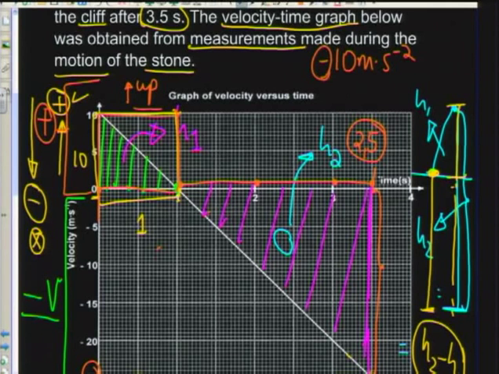All that the negative meant was that the acceleration is in the downwards direction. So you could actually say you're talking 10 meters per second squared downwards if you don't want to have that negative there.